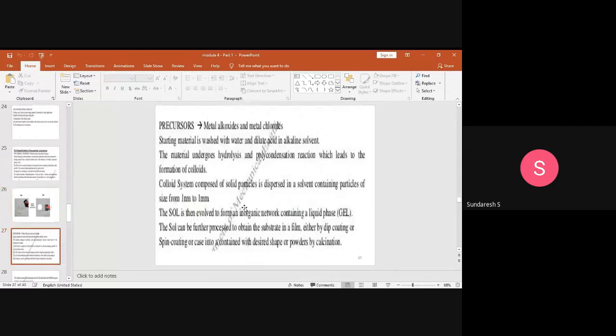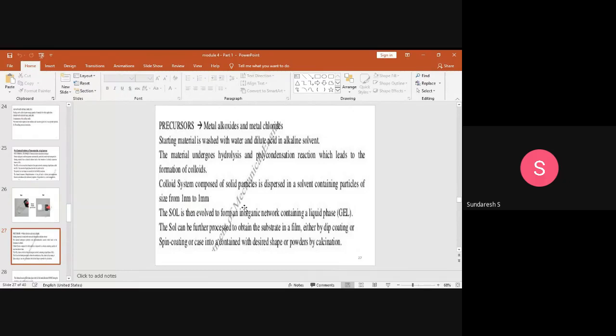Precursors are metal oxides and metal chlorides. The starting material is washed with water and dilute acid in an alkaline solvent. Okay. The material undergoes hydrolysis and polycondensation reactions, which lead to the formation of colloids. It's purely just chemistry for you.